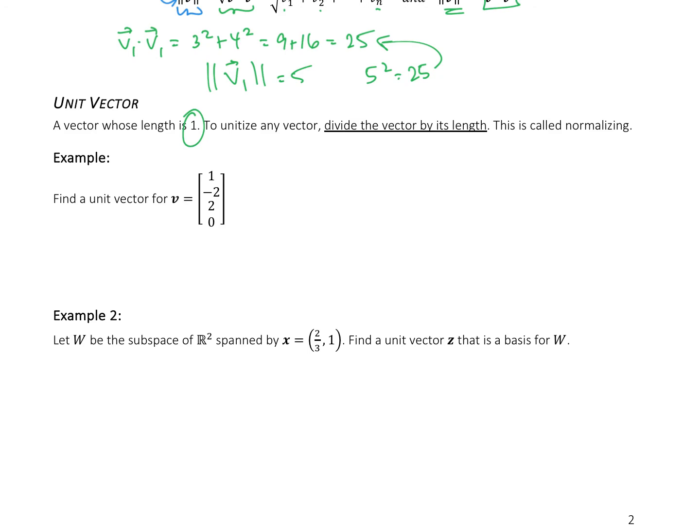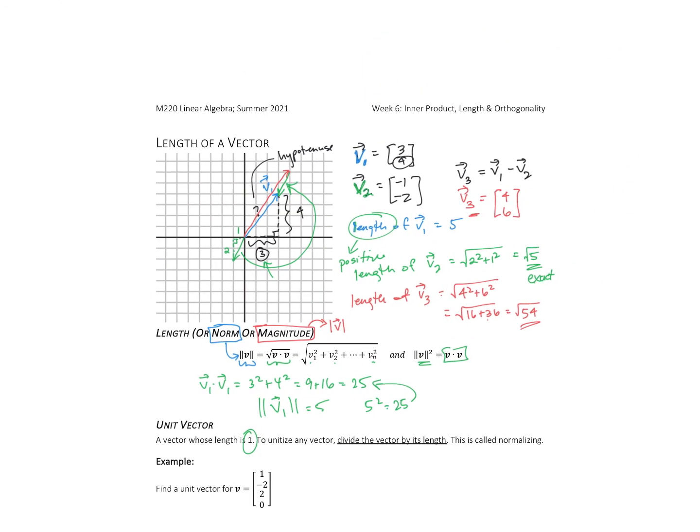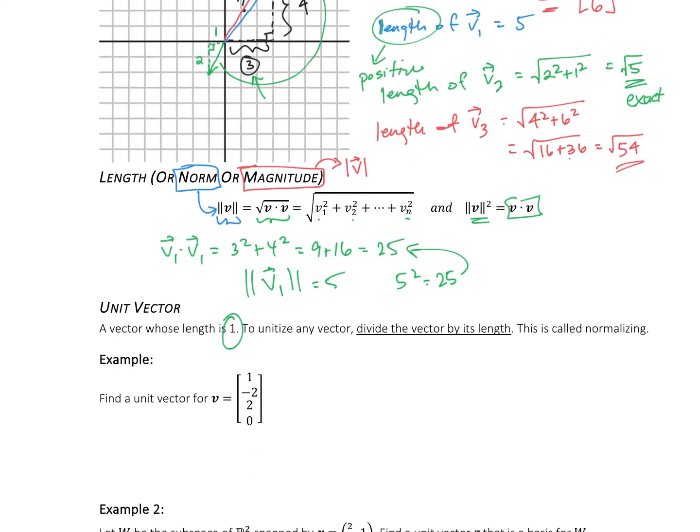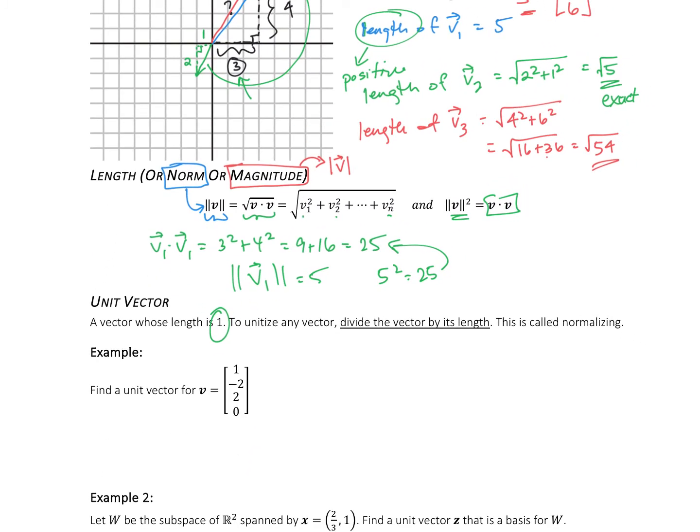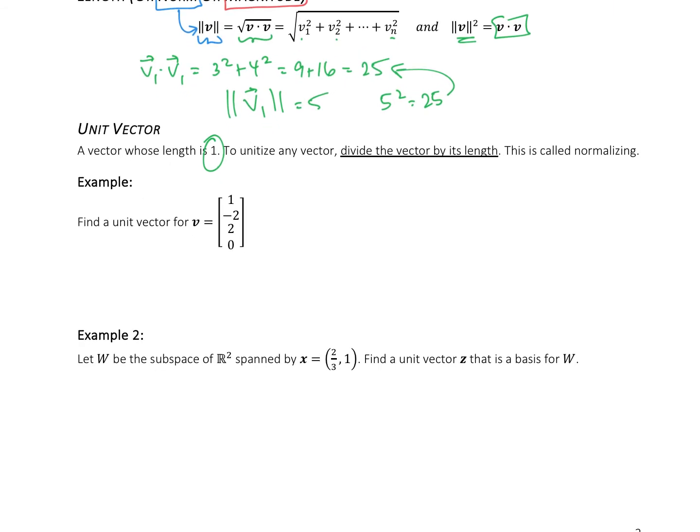If my length is 5 and I want to get it to 1, 5 divided by 5 is 1, right? So all we need to do is divide the whole vector, so we're multiplying by a scalar, but that scalar happens to be a fraction. So the first thing we need to do is find the magnitude of v.